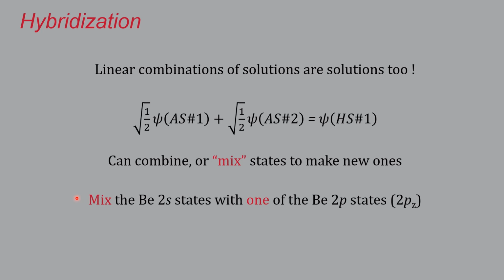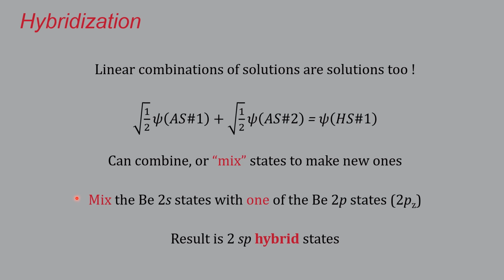I just randomly picked the z because by convention, if there's a single bond axis, we just call it z. And I'm not going to show you that math because it's not pretty. But the result, and one of the other rules about this combination, is that whenever you mix states, you get the same number of states out as you put in.